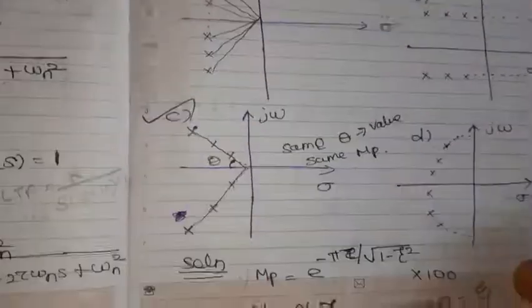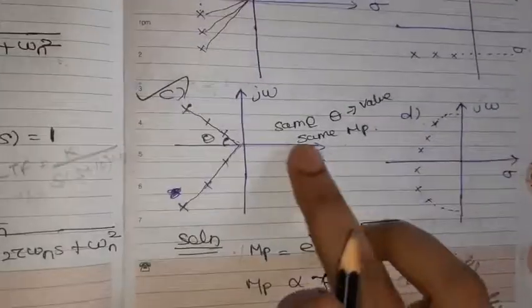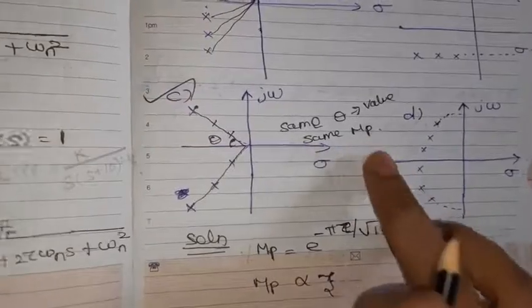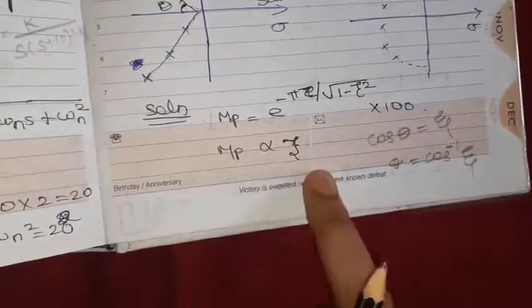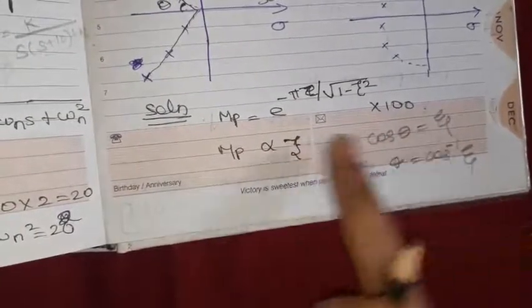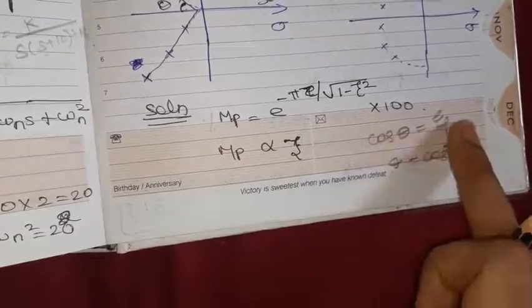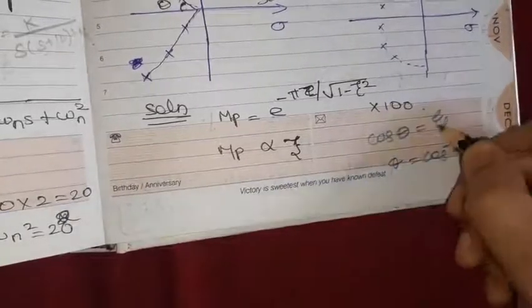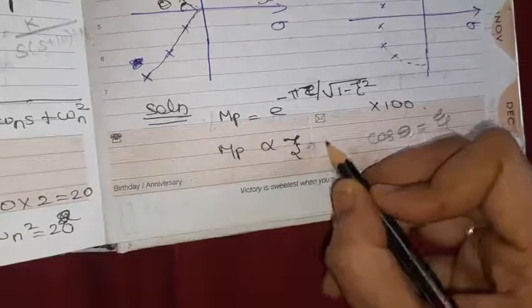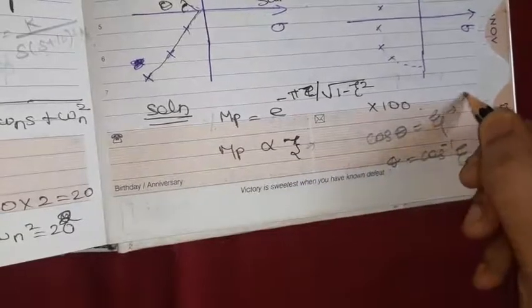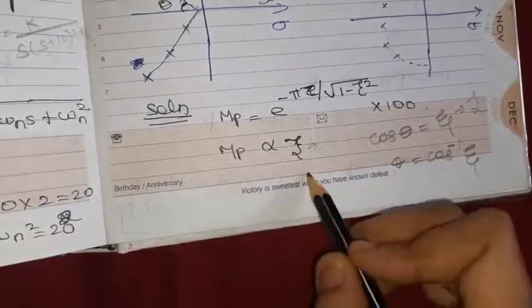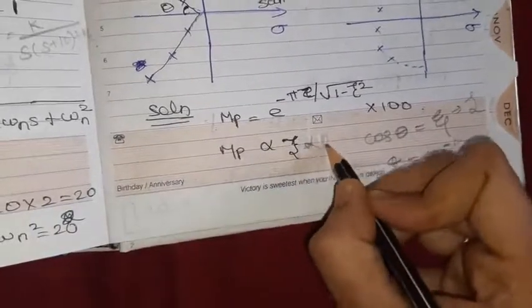So for the same theta value, percentage overshoot also, these are all directly related. This is also a direct relation with zeta. So Mp is directly related to theta.